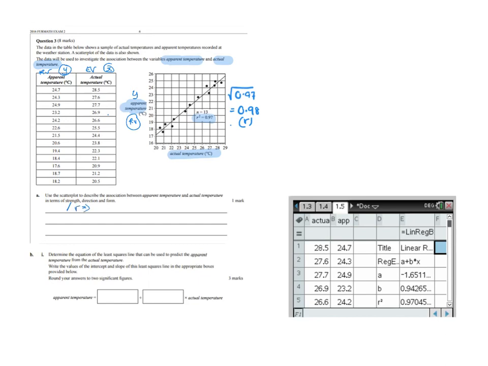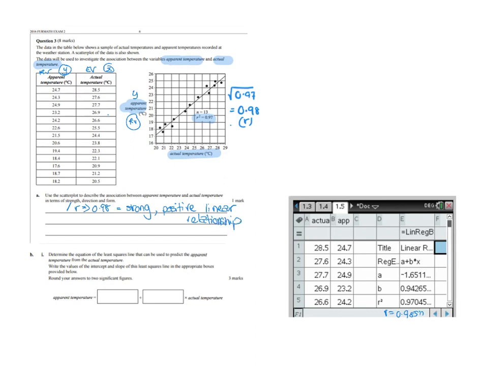When you calculate it, the R value is 0.98. So this graph is strong. The direction is positive, it's going up, and the form is linear. So we just say strong, positive, linear relationship.